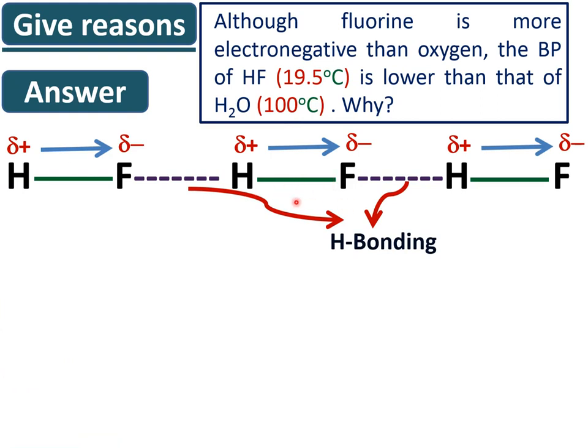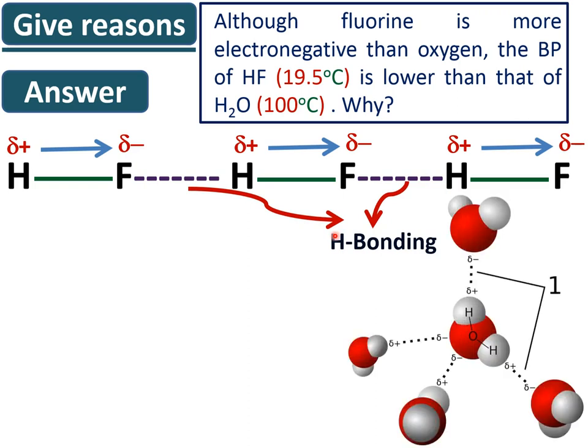If you look at a single molecule of HF, it can participate from this side with fluorine in one bond, and it can participate from the other side with fluorine in another bond. So two hydrogen bonds each molecule can form. But look at water. Water can participate in 4 hydrogen bonds.